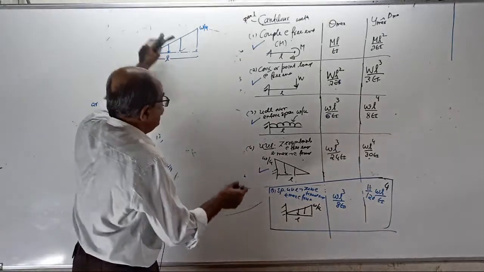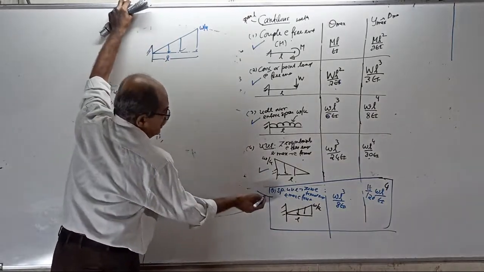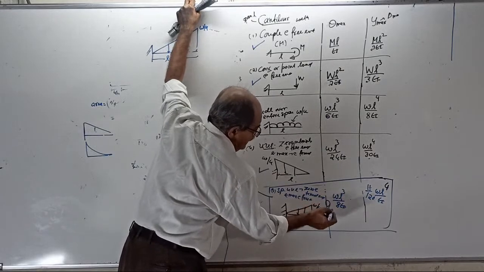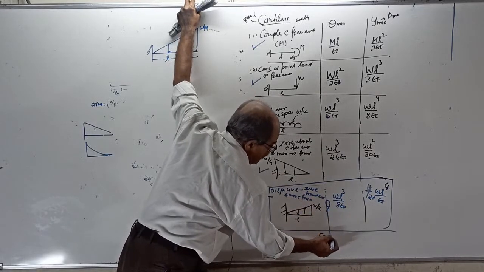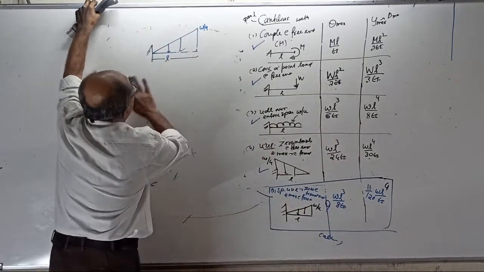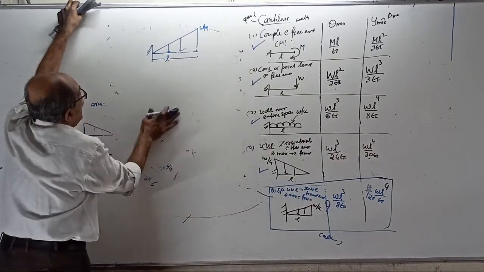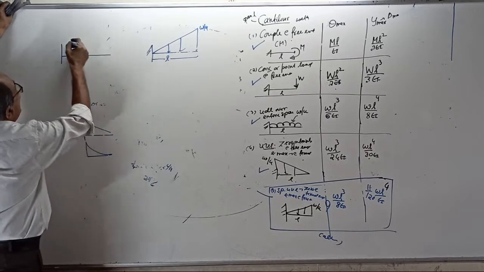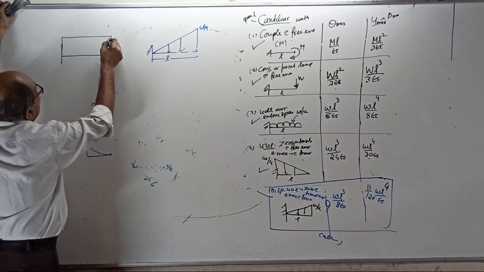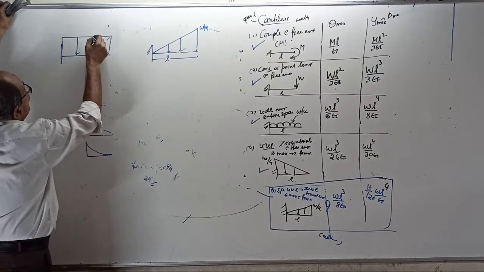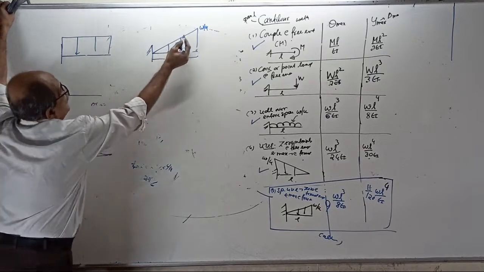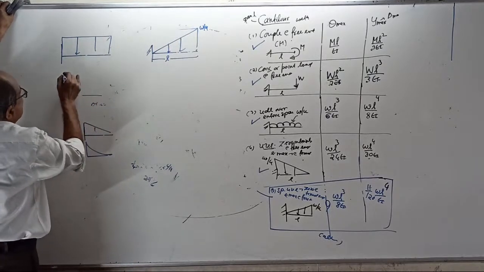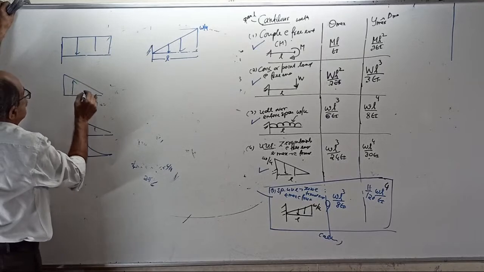For this one, there is an alternate method. If this case comes, you take the full rectangle as a downward load and then subtract this much as an upward load.